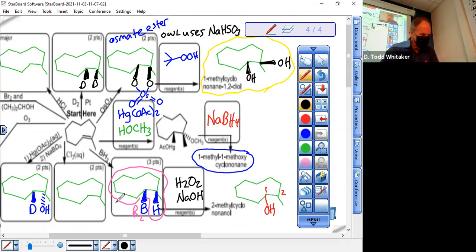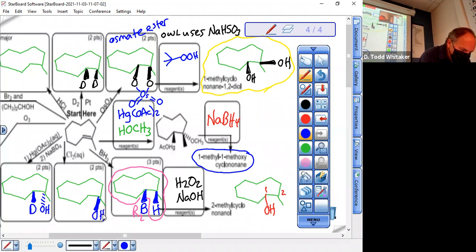Moving along well here. Hey, we did this in the multiple choice, didn't we? This was a 2-pointer because there's both regioselectivity and stereoselectivity. More electronegative oxygen in water ends up on the more substituted carbon.